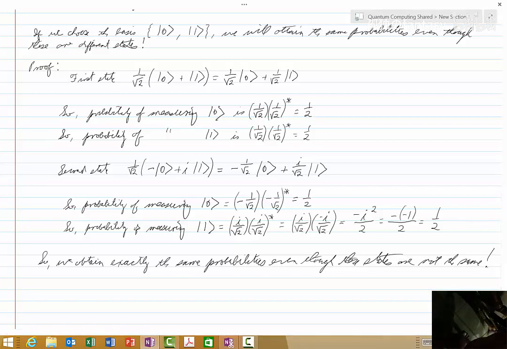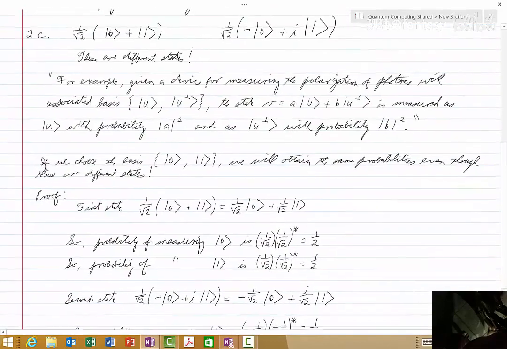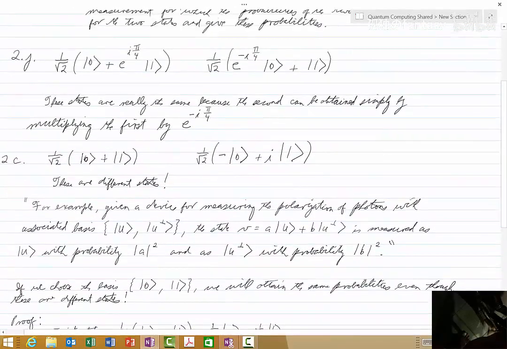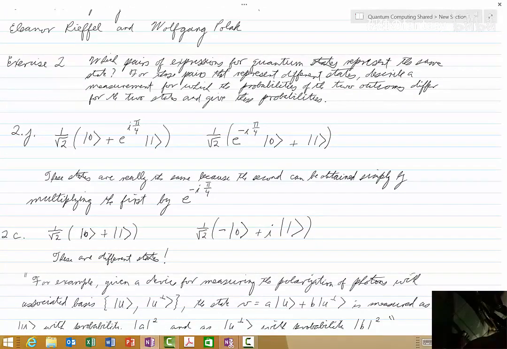But in addition to surprising you, it gives you a bit of a challenge because remember that our task here, going back to the statement of the problem, is for those pairs that represent different states, which is the case we have here in problem C, describe a measurement for which the probabilities of the two outcomes differ for the two states.